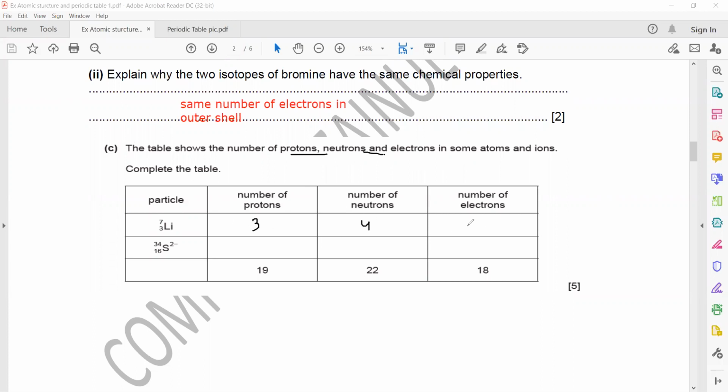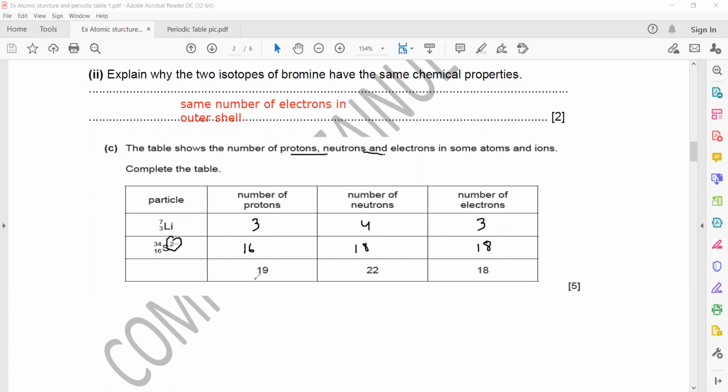Because it's a neutral atom, there is no charge written, so it has an equal number of electrons as protons. For sulfur, protons are 16, neutrons are 34 minus 16, which equals 18. And about the electrons, there's a charge of -2, so it has 2 extra electrons. If protons are 16, the electron number should be 18.